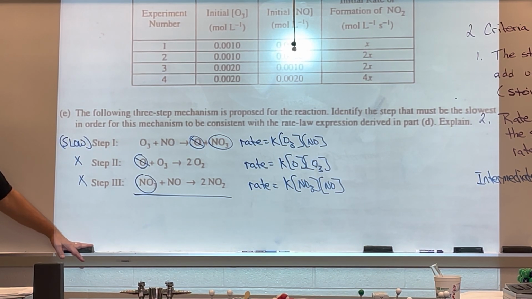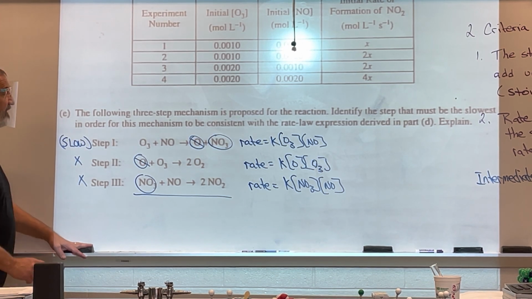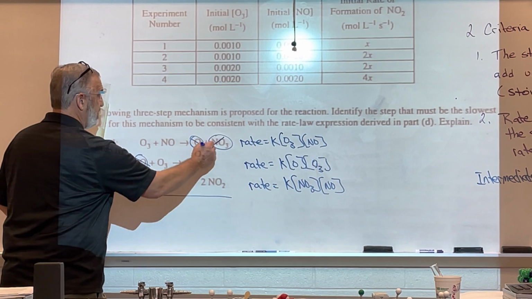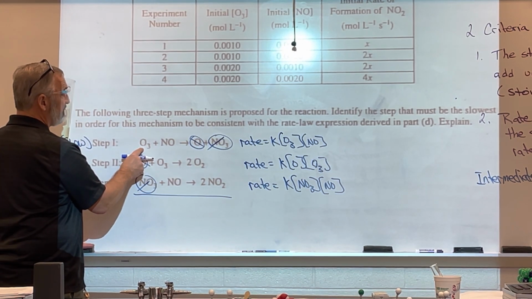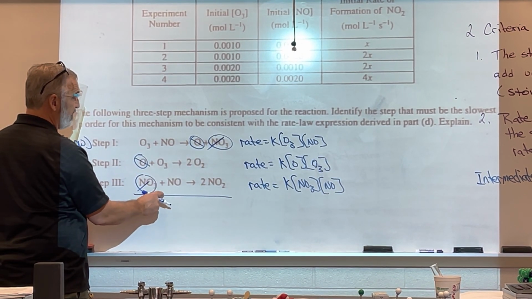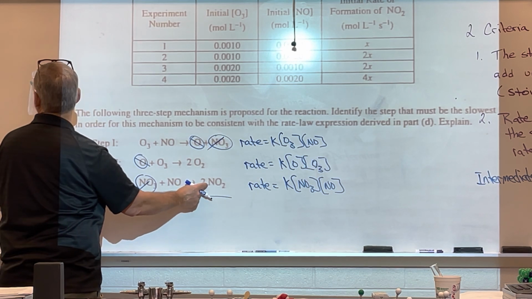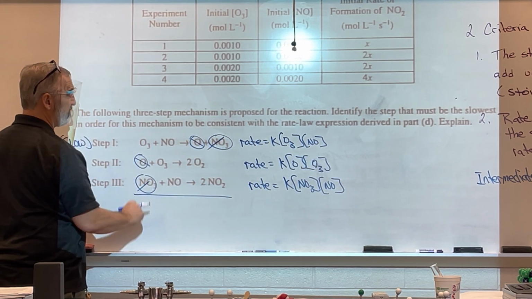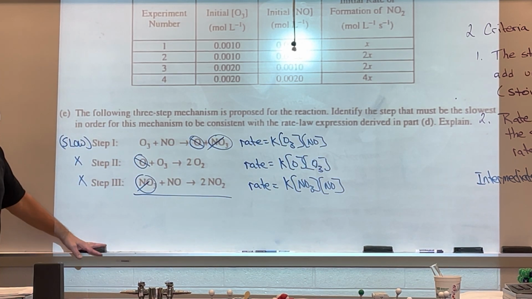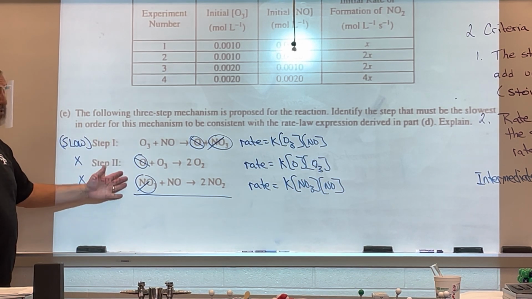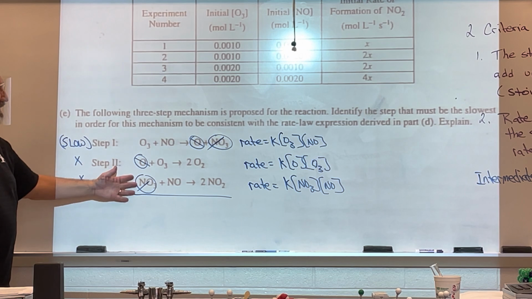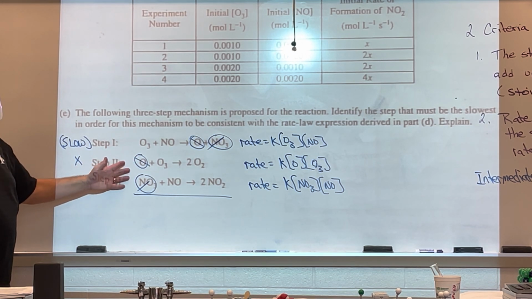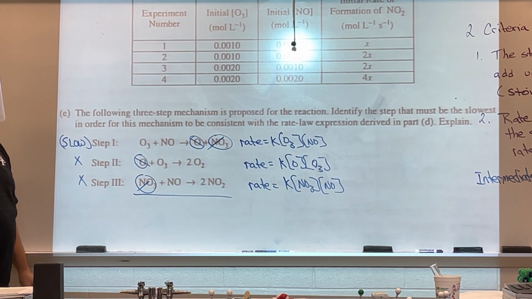Now notice that if we add all these things up, we're going to get 2 O3s, 2 NOs makes 2 NO2s, but then we just eliminate the 2's to get the overall equation. So it adds up, stoichiometry, and then the rate law of the rate determining step equals the overall rate law.